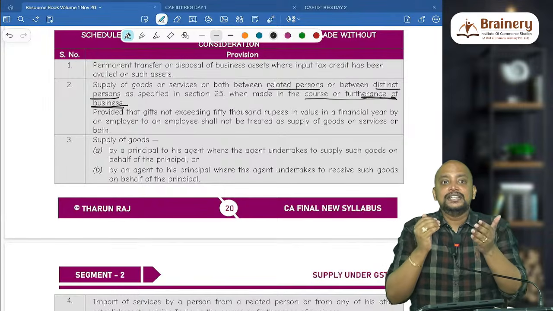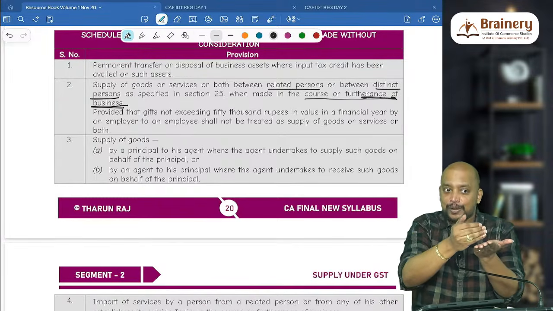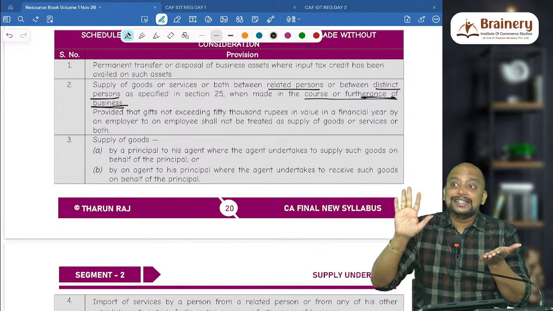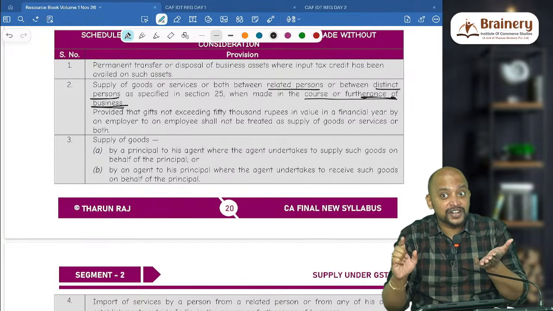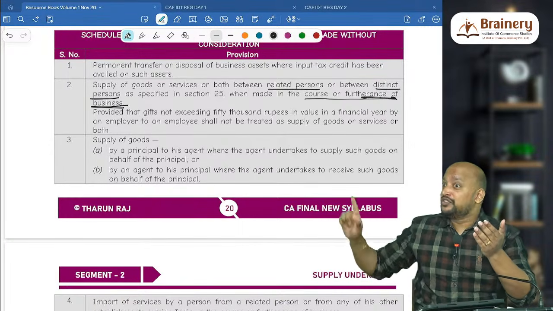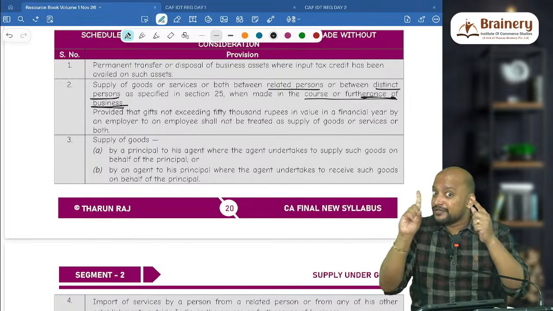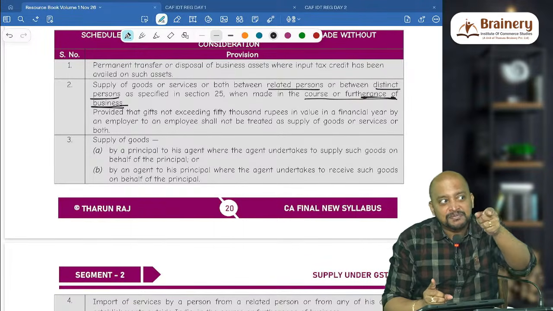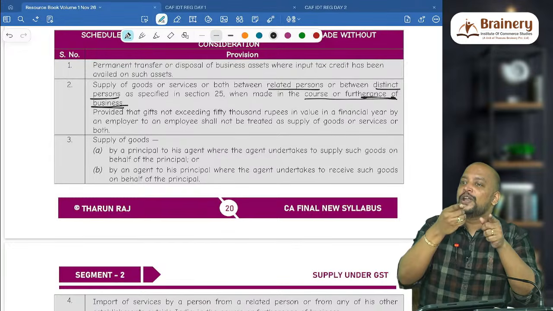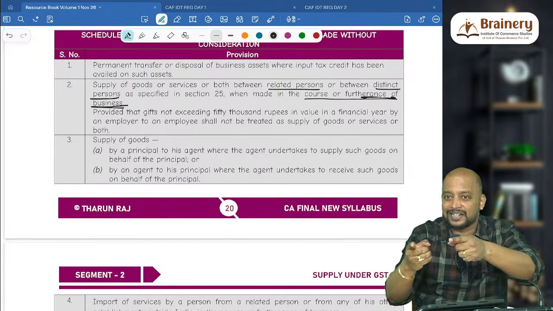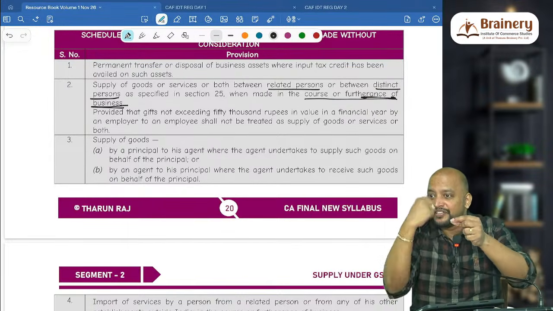Now, this gift which is given by employer to employee, is it a related party transaction? Yes. Is it in the course or furtherance of business? Yes. If this proviso is not there, that gift will become supply and it will be chargeable to GST. Then no employer will give gift to the employee, correct or not? So some relief needs to be created.